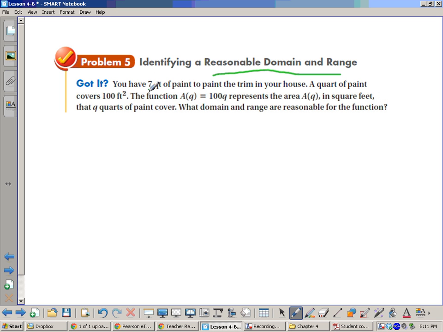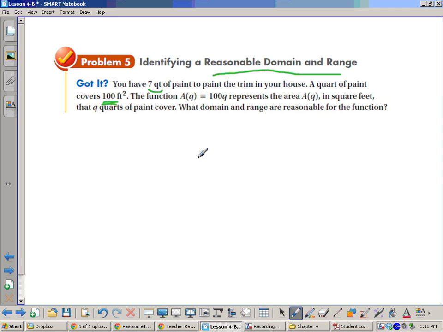So we're given a 7-quart paint, and each quart covers 100 square feet. If we represent the area in square feet that Q quarts of paint cover, what is a reasonable domain for this problem?